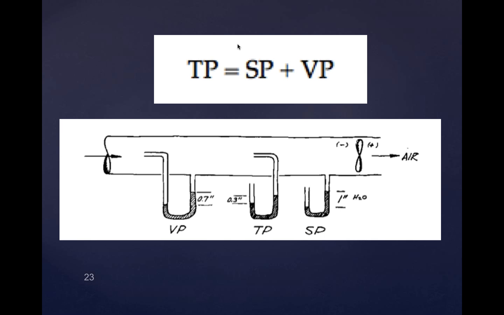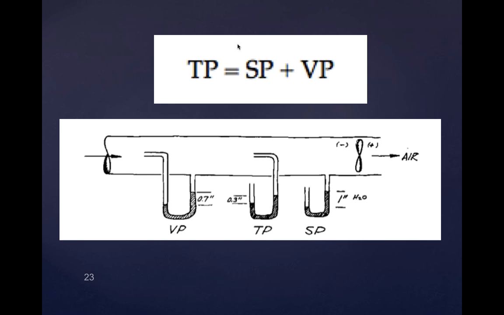So now, if I put a tube in there, I'm going to go to the second one. If I put a tube in there, and the air is blowing into that tube, as we are in the middle version of this, what pressure is blowing into that tube? We have the velocity pressure blowing in there, right? But we also have the static pressure acting on that tube because it acts everywhere in that duct.